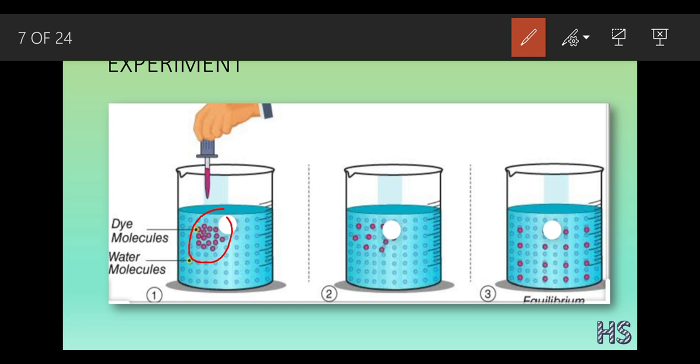After a few minutes, in slide 2 you can see this part. The molecules in the first slide are more concentrated, and in the second slide you would notice the molecules of the dye solution got scattered or spread. In the third slide, after a few minutes or hours, you would notice that the dye molecules get evenly distributed. What do we mean by evenly distributed?